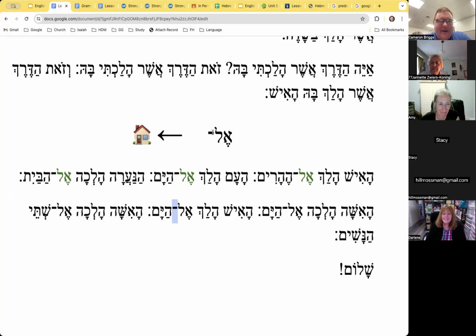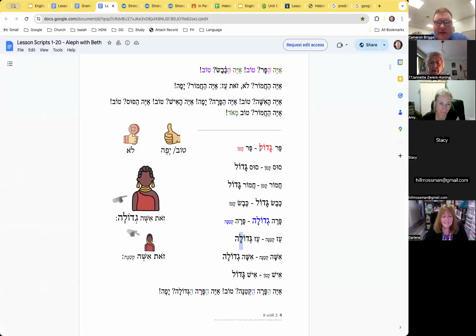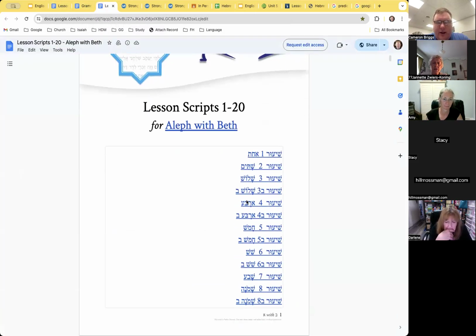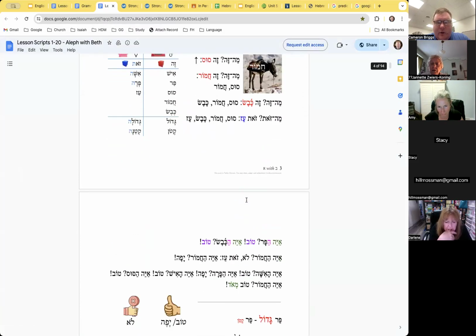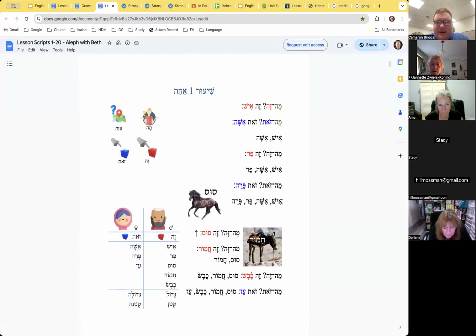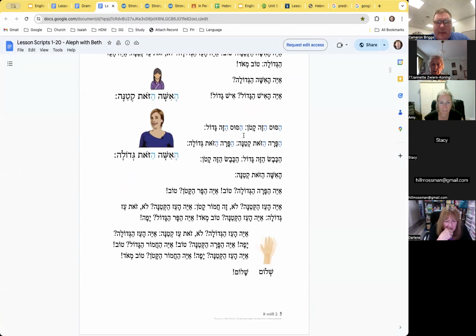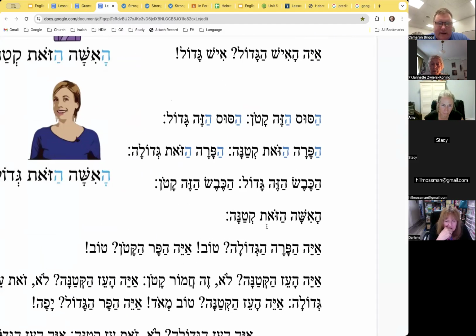I love it. But now that we've gone through this, one thing that I would do for the homework is go through lesson number 1 and start seeing if you can translate it back into English. When they say the sentence, what directly are they translating it back to?